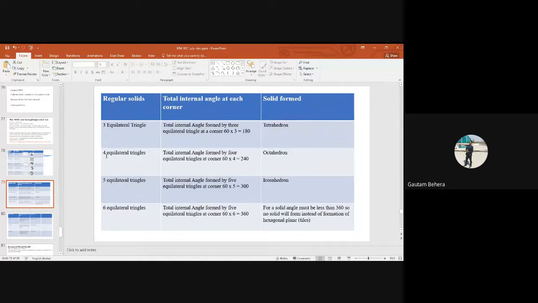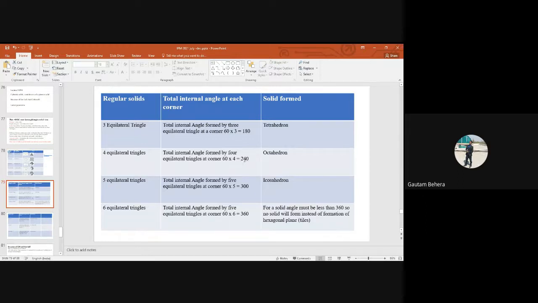Similarly, 4 equilateral triangles, fine. So just imagine you have 4 equilateral triangles and they are meeting at a point, forming a corner or vertices, right? So the total internal angle formed will be how much? 60 times 4, because in an equilateral triangle the internal angle is 60 degrees, right? So 60 times 4, it is 240.